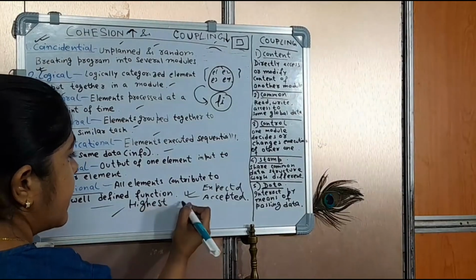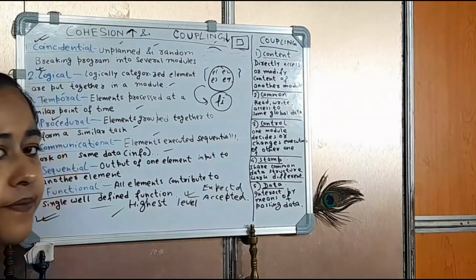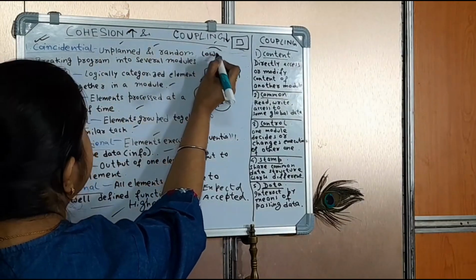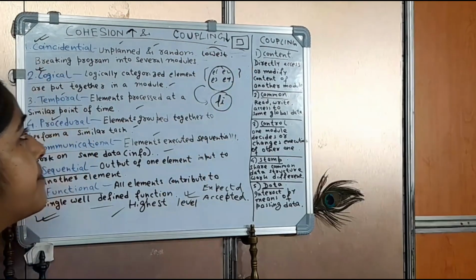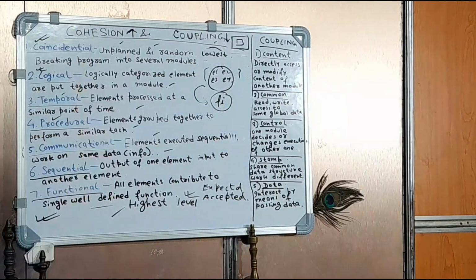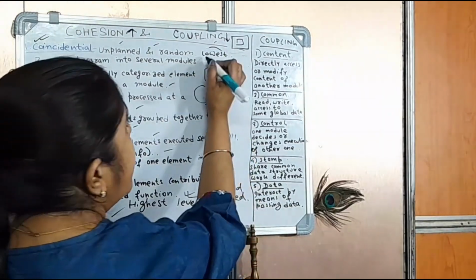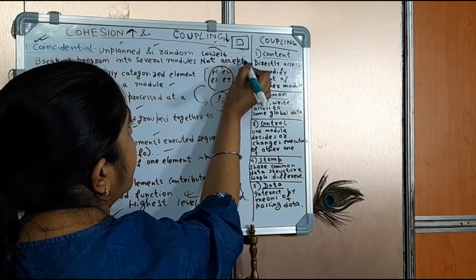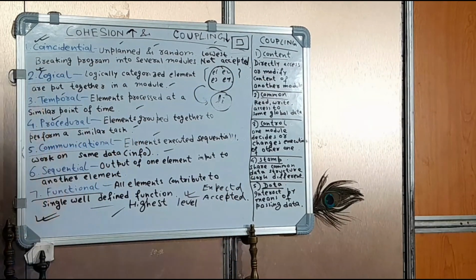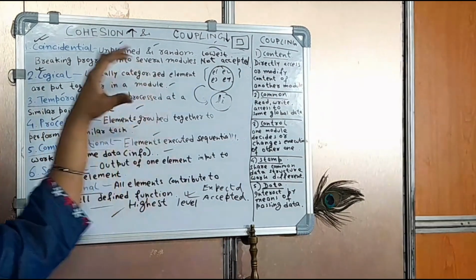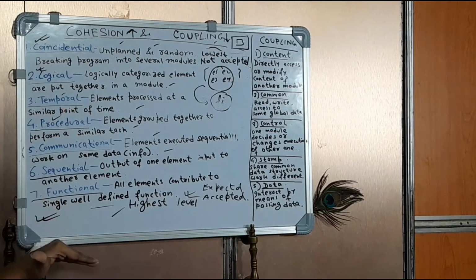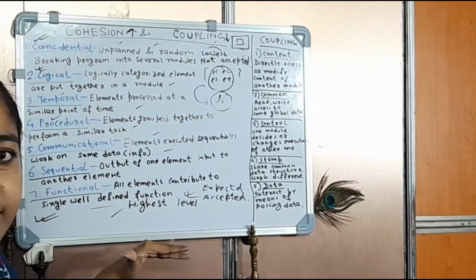Functional cohesion is the highest level of cohesion. Done. And this was the lowest level of cohesion, that is our coincidental cohesion. Since it was unplanned, it is not accepted. So from coincidental to functional, the level keeps increasing.